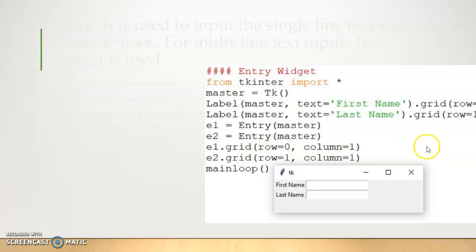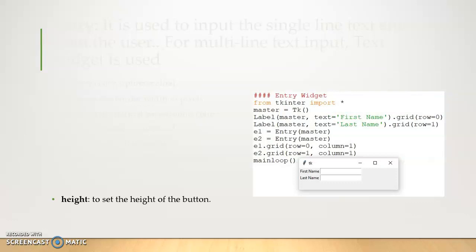Entry widget: from tkinter import star, we have taken master is equal to tk. Label(master, text is equal to first name), so this particular text will be written over there. Then Label(master, text is equal to last name), and .grid row 0 over here, and for last name it is row 1.